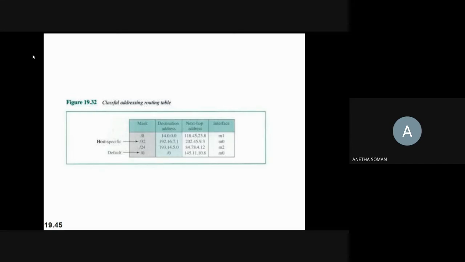Also, in classful addressing, there is only one entry in the routing table for each site. I have told you that routing means first you have to reach the site, then if any subnetwork is there, you have to reach that subnetwork and then the host. So there is only one entry in the routing table for each site when you are looking from outside the organization.